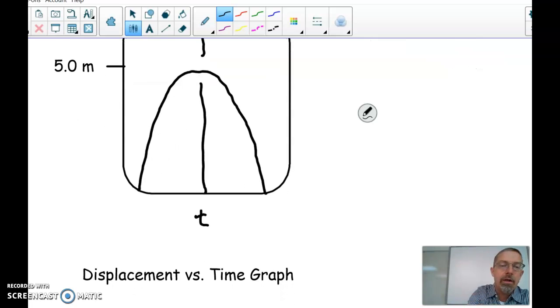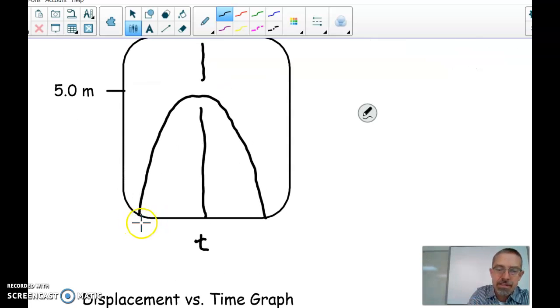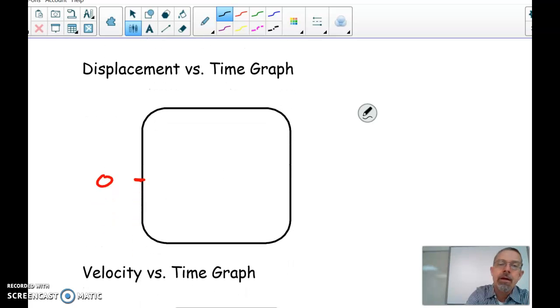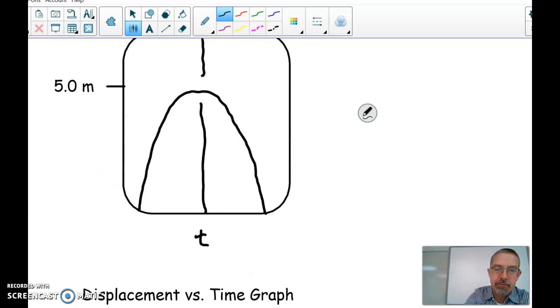Now, we don't always have objects. This happens to be a special case where our delta y is 0, okay? That's not always going to be the case, as we're going to see. That was a displacement versus time graph.